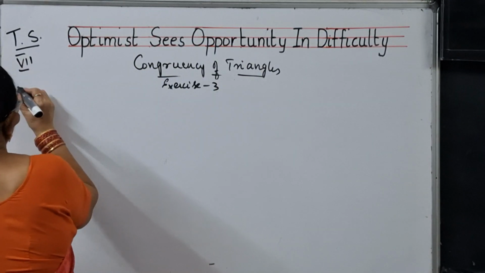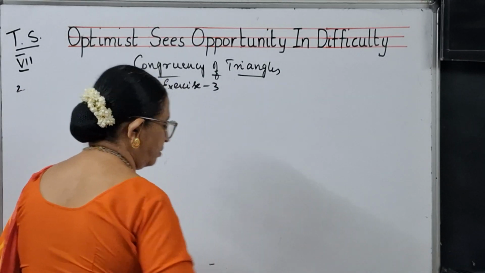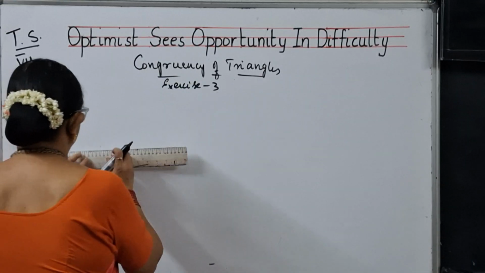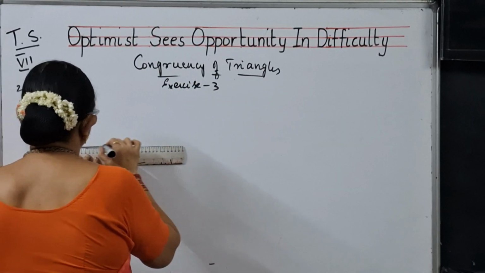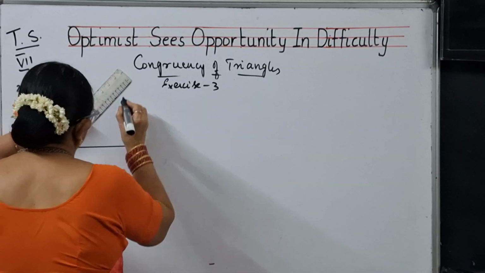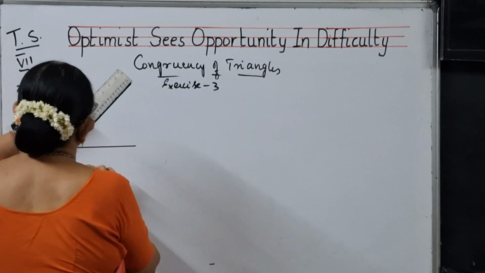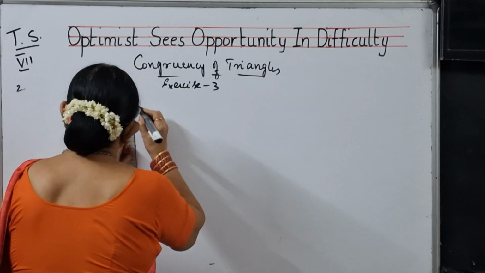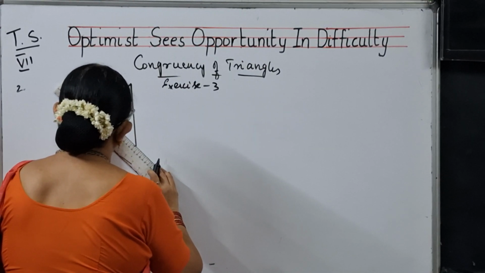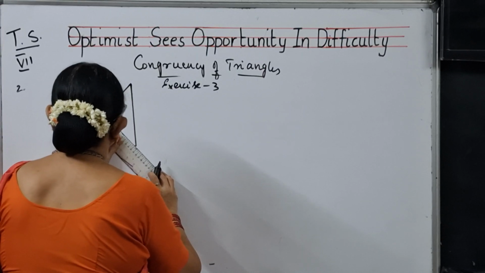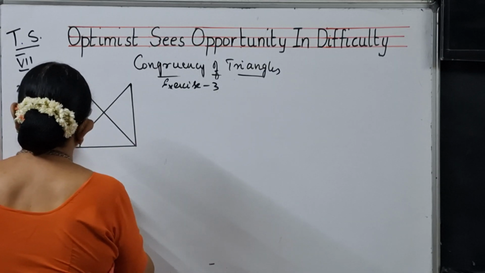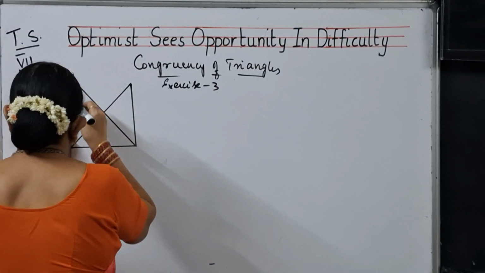For the second problem also, the figure is given to you. So first let me draw the figure. You have got two triangles in this way. This is one triangle and this is another triangle.